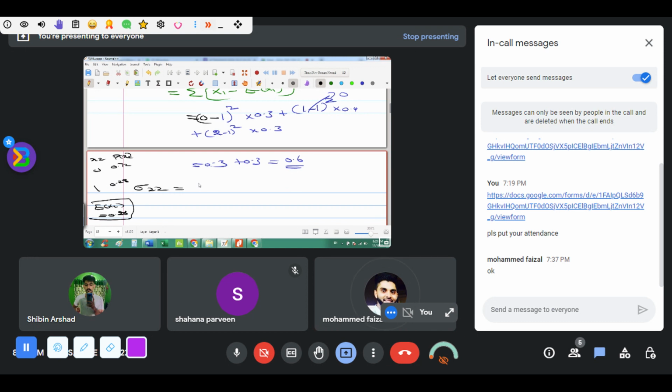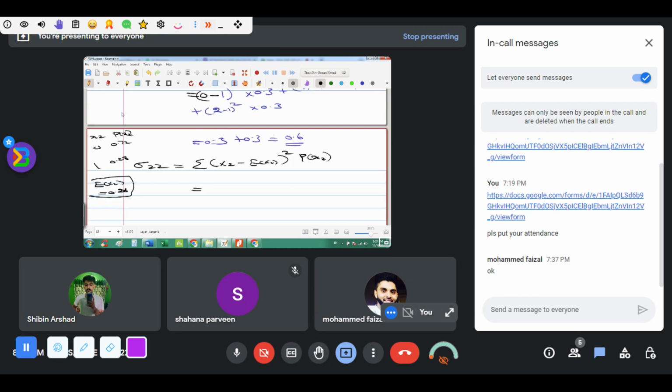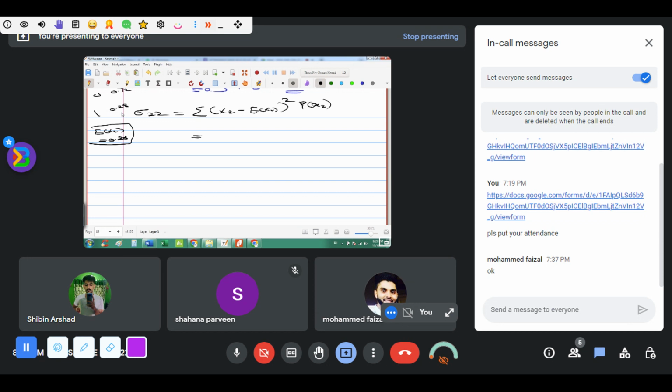All values I have given, and also the formula: x2 minus E of x2 the whole square into the probability of x2. Please complete it. If you have a clear idea of this part, you can easily complete it. Complete and tell me the answer.